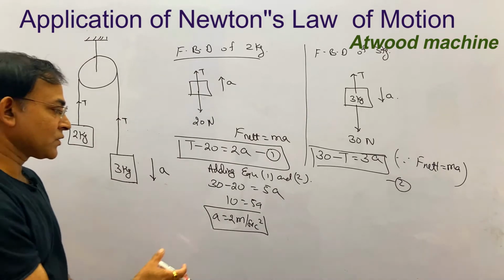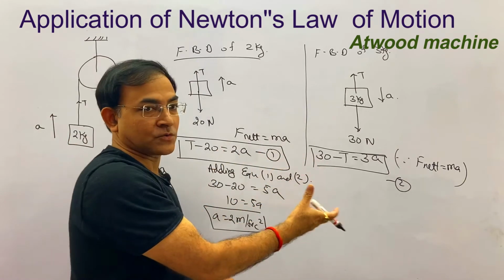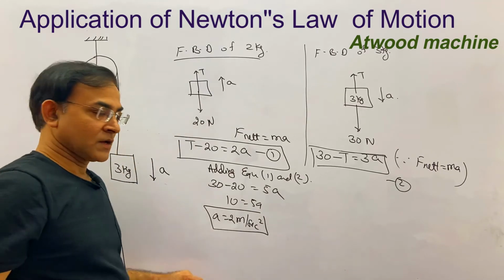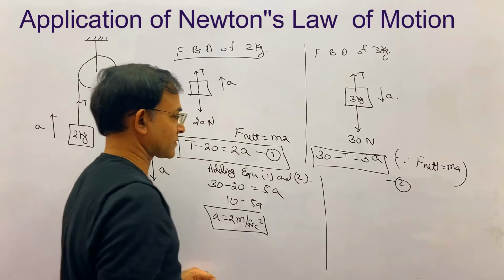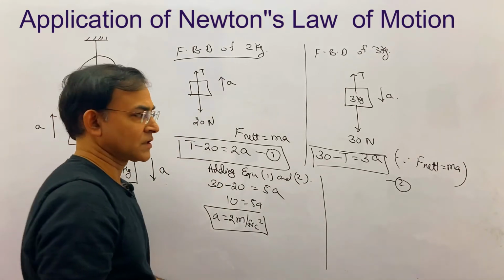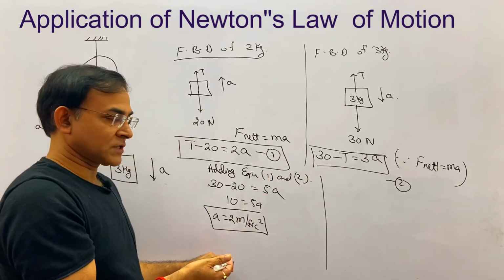Now we put this value in either equation 1 or 2 to get the value of tension. We can put it in the second one, and you can also put it in the first one.